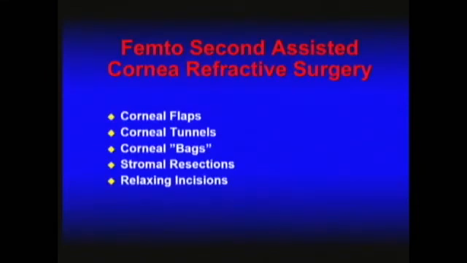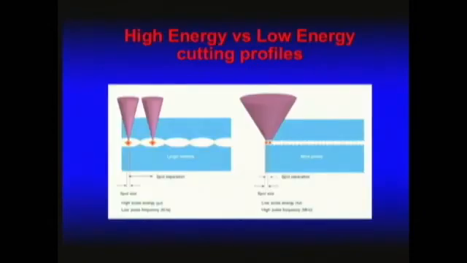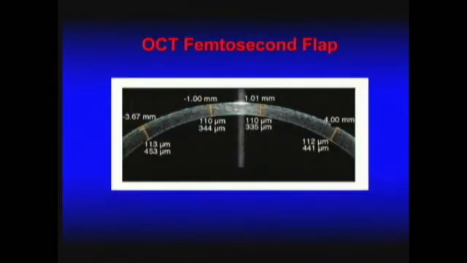And with a femtosecond, we can do corneal flap, tunnels, bags, we can do stromal resections, relaxing incisions. This is the new era for the refractive surgery. The speed of the laser will determine the size and the number of spots that we need to create a flap or tunnels.